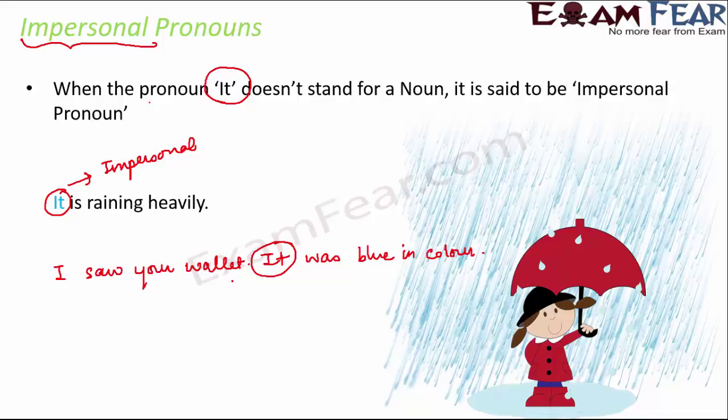So instead of repeating the words your wallet, we used it. So here, it is used instead of a noun, and therefore here it is a personal pronoun. But in the earlier case, it is not used instead of a noun, and therefore that is an impersonal pronoun.